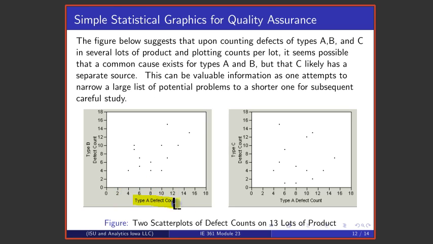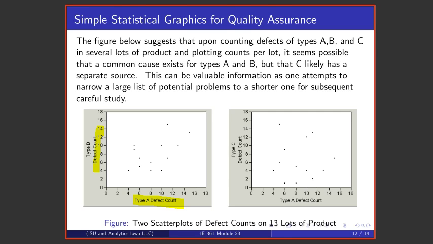And so here is a pair of scatter plots. This is a count of type A defects. This is a count of type B defects on a series of items that have been inspected, or counts on lots of items that have been inspected.